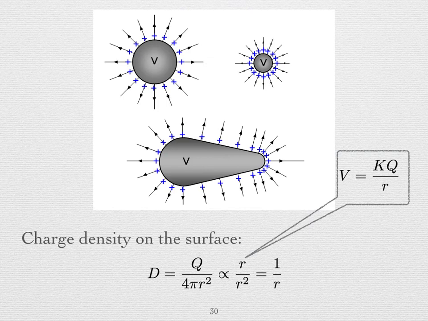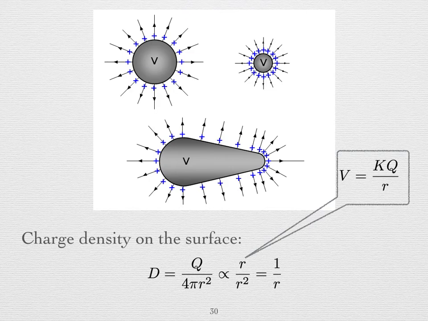After we cancel out one of the R from both sides, we know that the charge density will be proportional to 1 over R. That being said, for the larger R, charge density will be smaller.